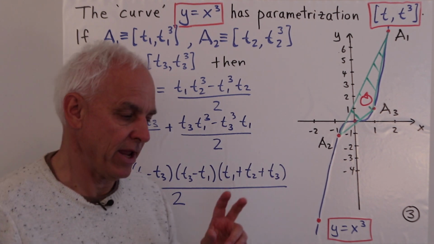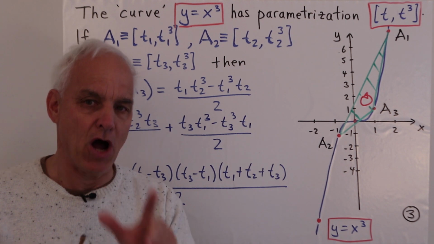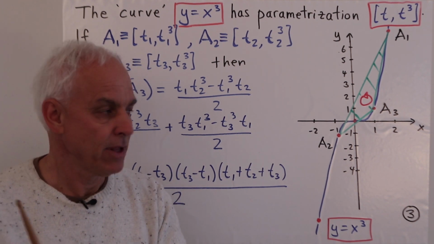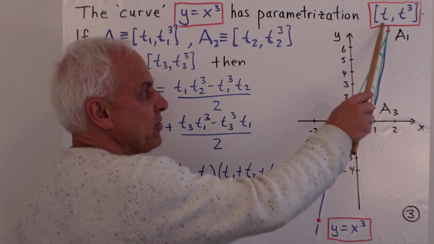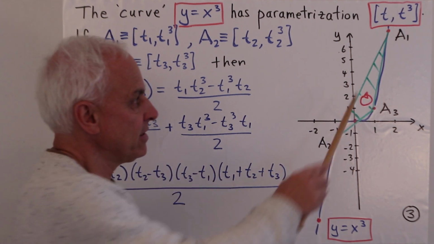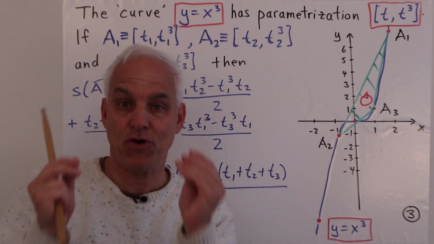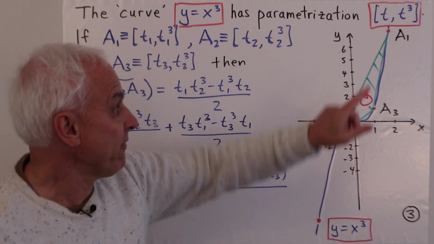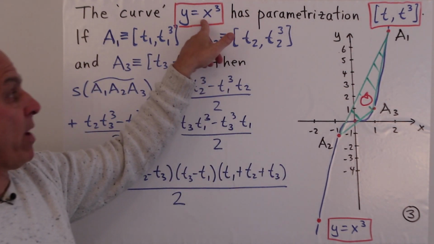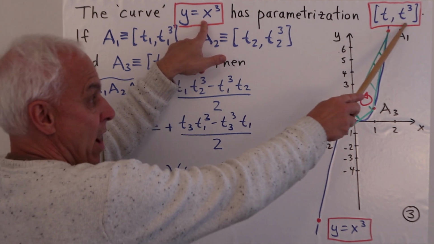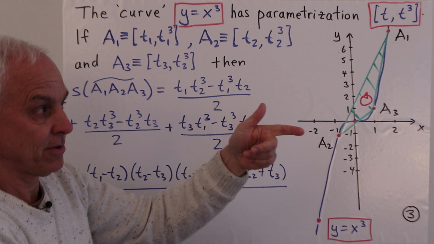And now let's consider a general triangle formed by 3 points on this cubic curve. And we'll do that by describing the curve parametrically this way. That t comma t cubed is a parametrization for the curve. Every point of this form, no matter what t is, will satisfy the equation because the y-coordinate is the x-coordinate cubed.